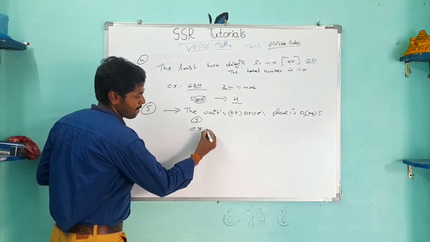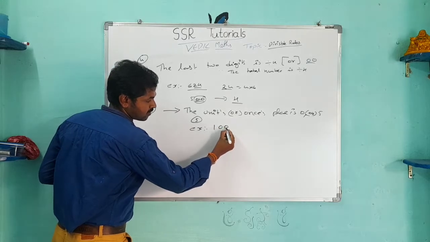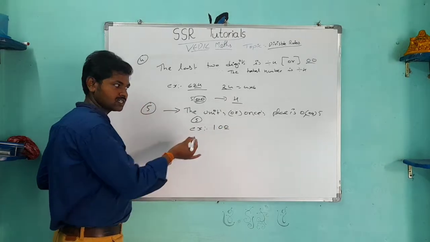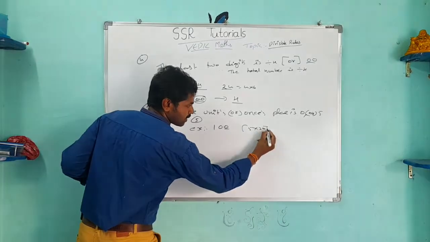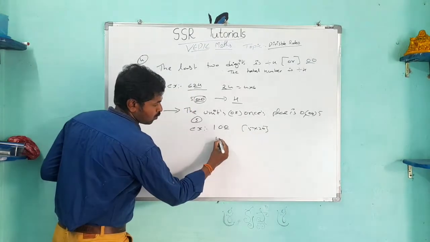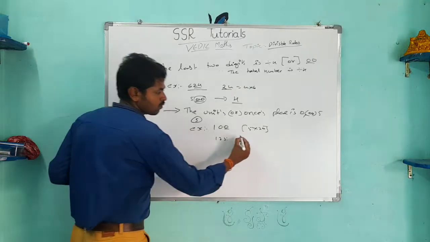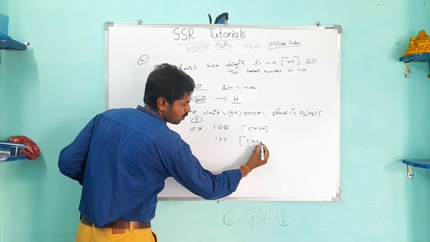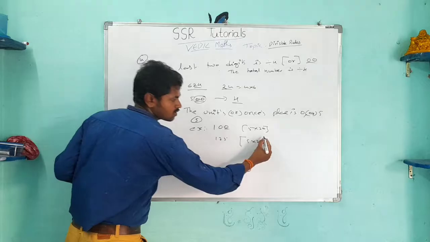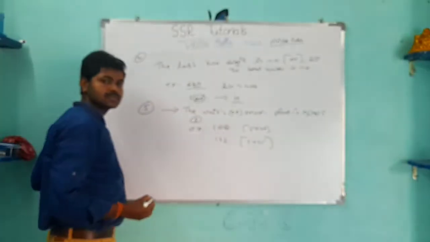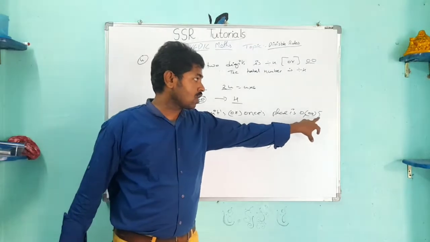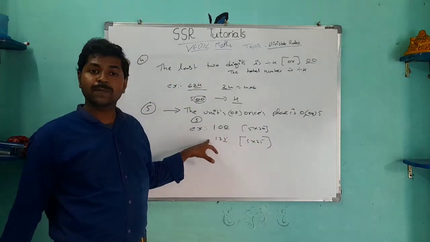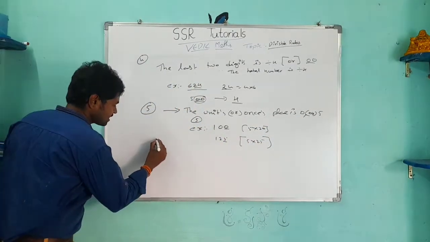Example, 100. What is the units place? 0. It is also divisible by 5, that is simply 5 into 20. Suppose 125. 125 means 5 into 25. This is also divisible. So if the units place is 0 or 5, the total number is also divisible by 5.